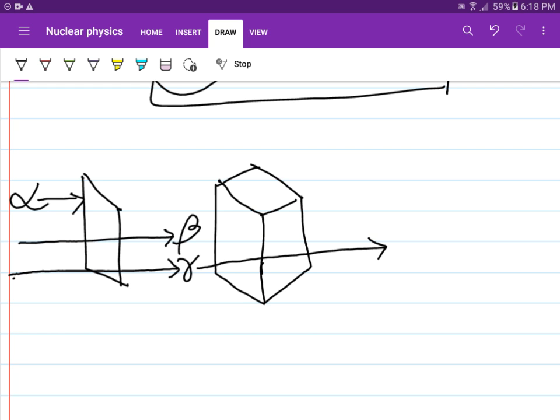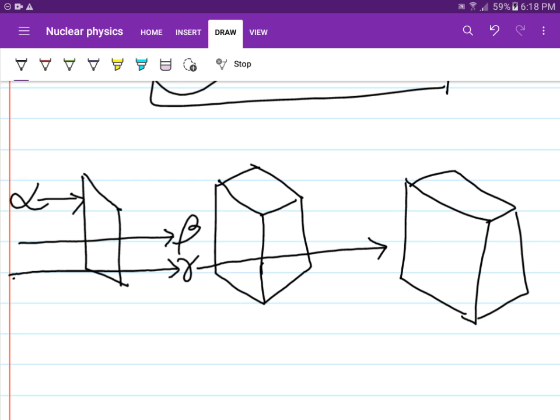Gamma particles cannot pass through lead. So for example, you have a block of lead here. The only way to stop gamma radiation from entering some area is to block it with lead.